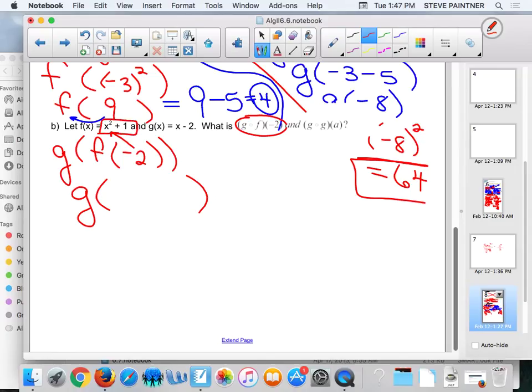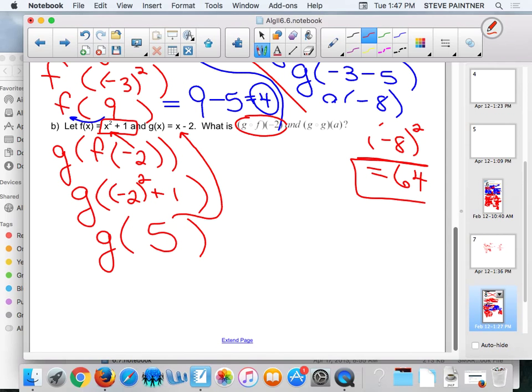Negative 2 gets plugged into f. f is x squared plus 1. So if I square x and add 1, what's the x and plug it in? What's negative 2 squared? 4. Plus 1? 5. So when you plug negative 2 into f, you get 5. Now you plug 5 into g. g's right here, by the way. 5 minus 2 is 3. That's 5 minus 2. Answer's what?